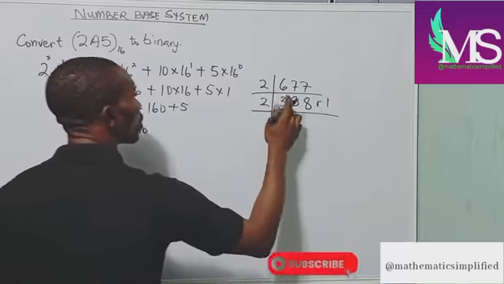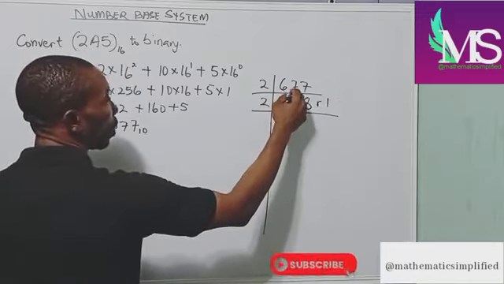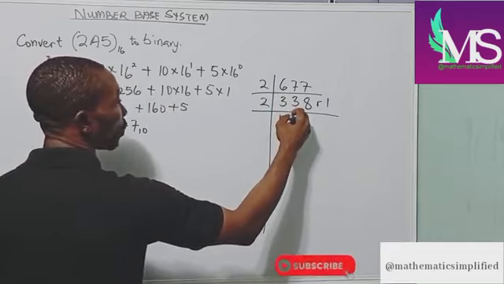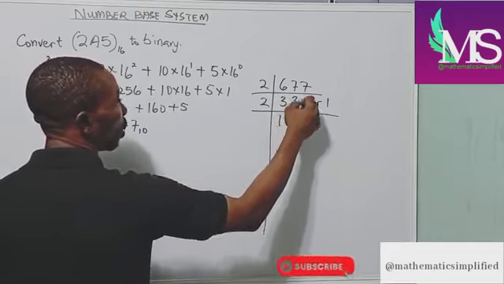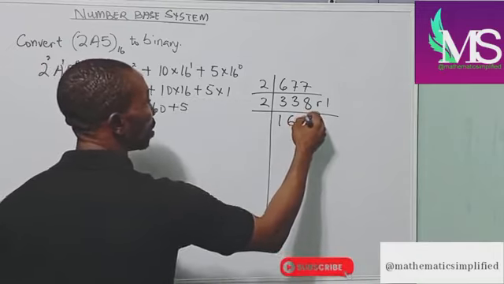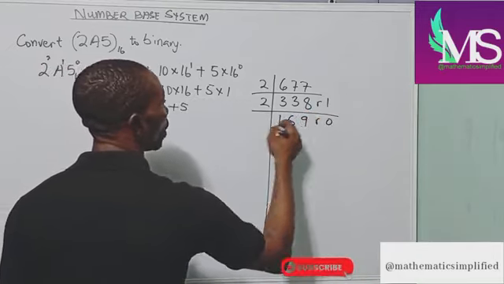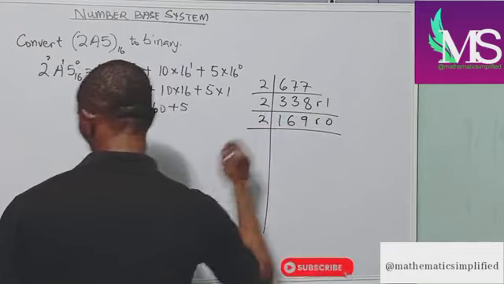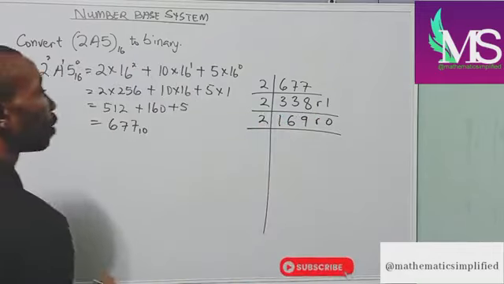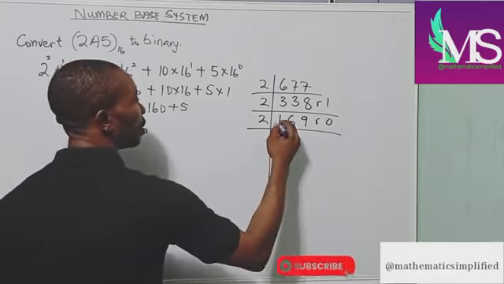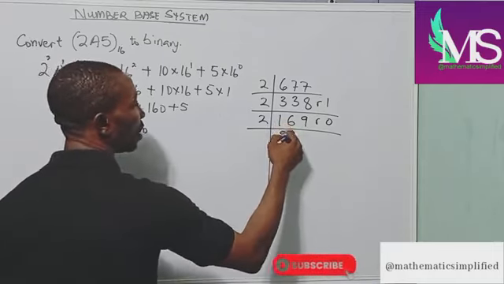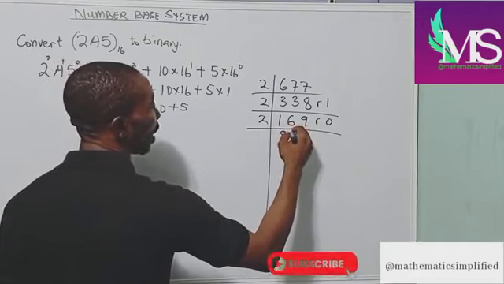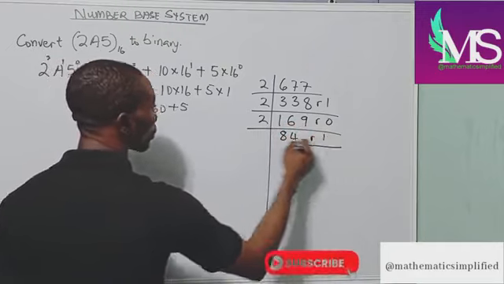Now 2 into 338 gives 169, remainder 0. Then 2 into 169 gives 84, remainder 1. Now 2 into 84 gives 42, remainder 0.